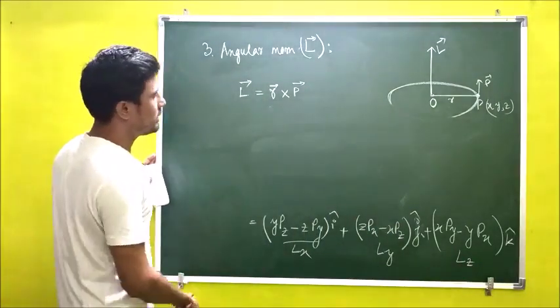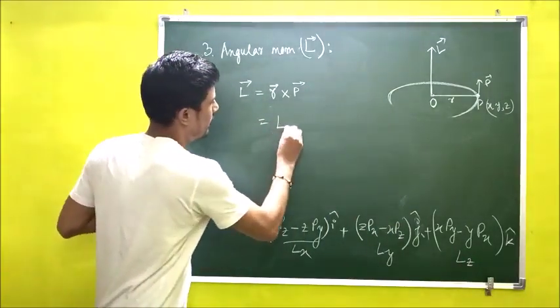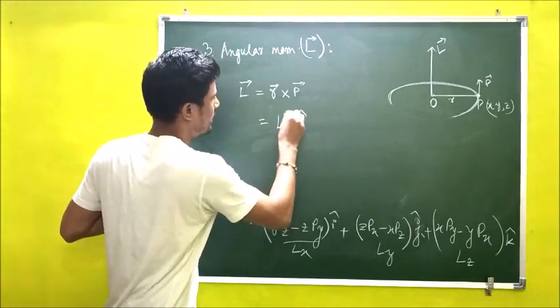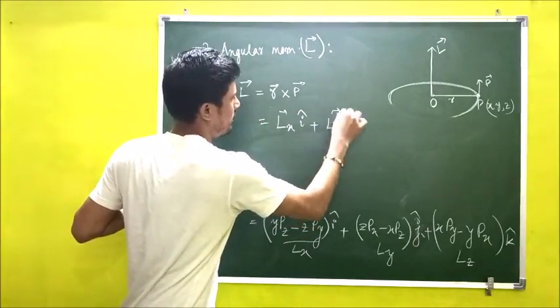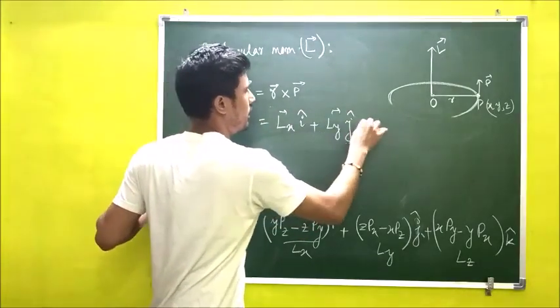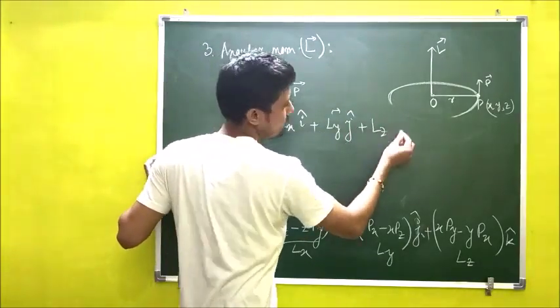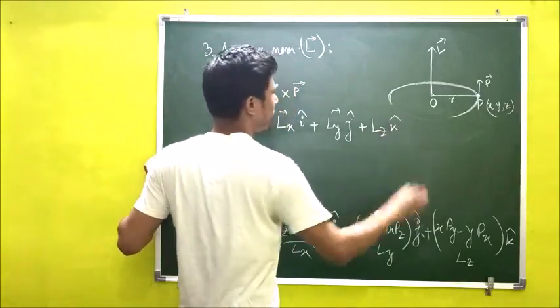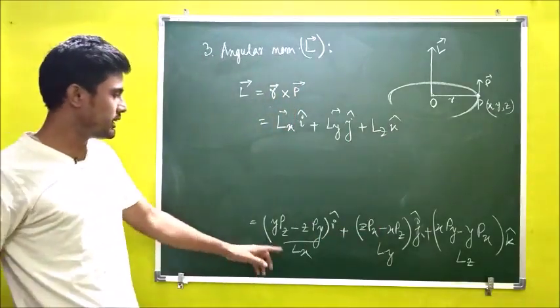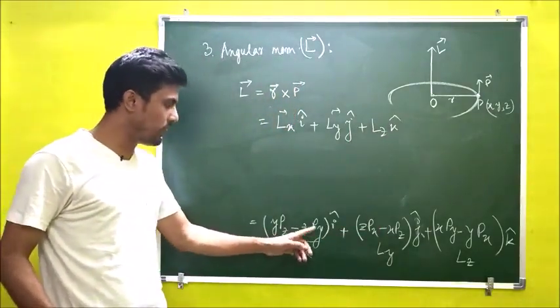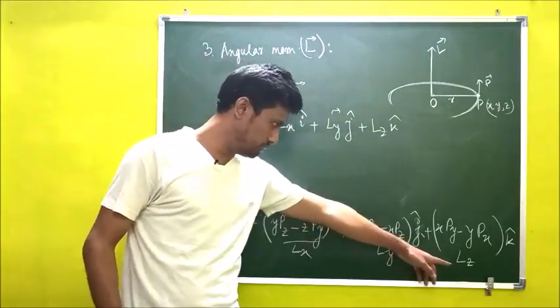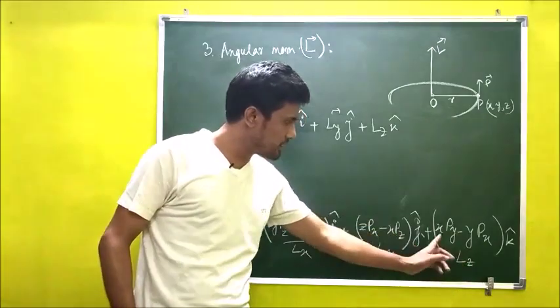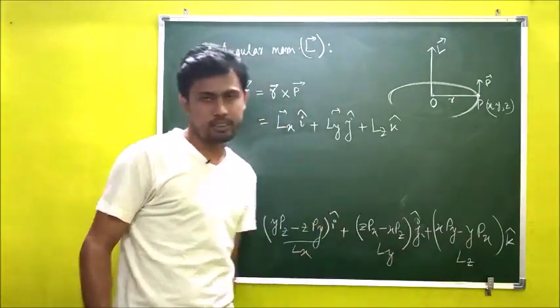So this can be written in terms of Lx, Ly and Lz, where Lx is ypz minus zpy, Ly is zpx minus xpz, and Lz is xpy minus ypx.